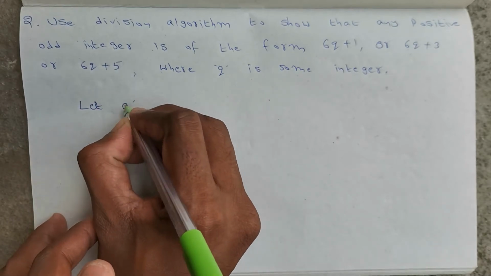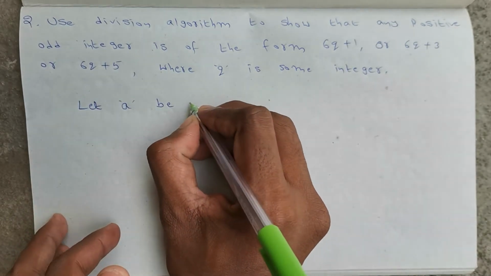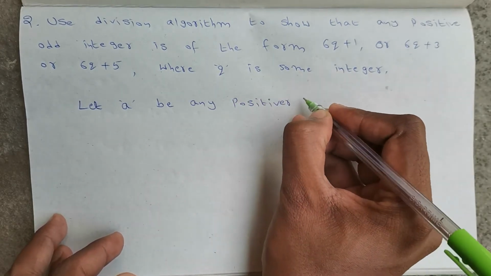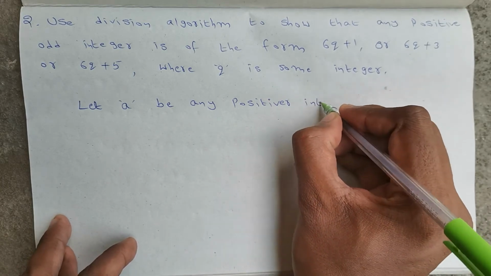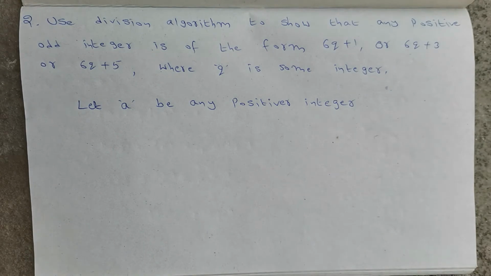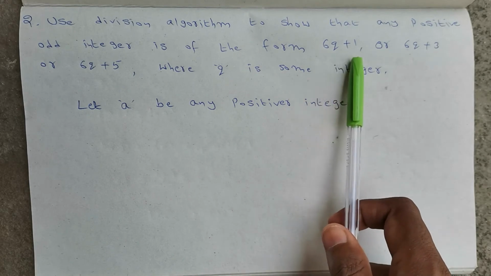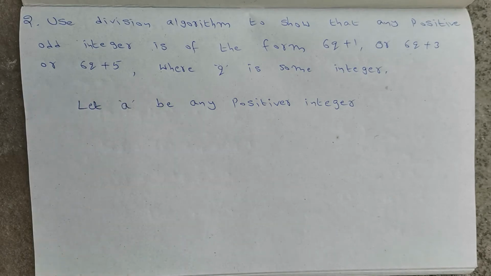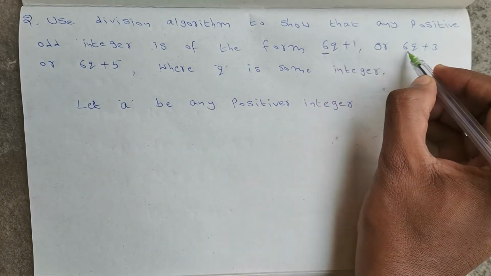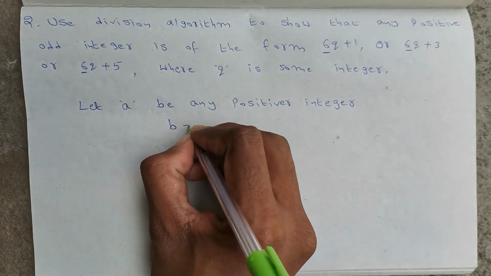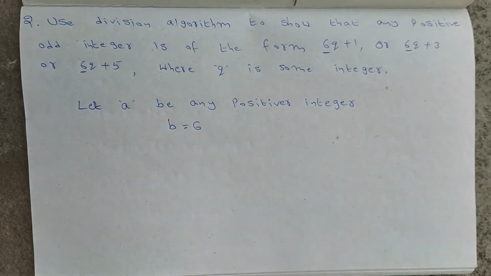Let a be any positive integer. Next, from the question, if we observe 6q + 1, 6q + 3 or 6q + 5, here the 6 is the divisor. So b = 6.